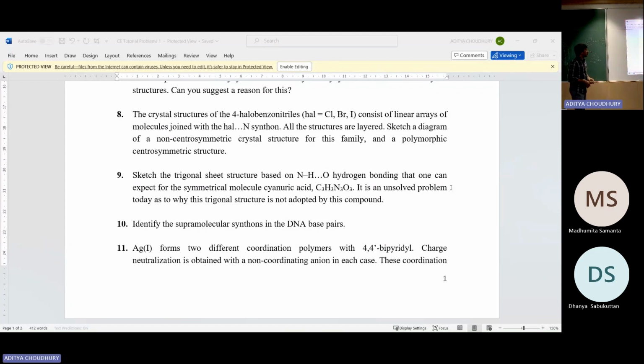If you have a molecule like 4-halobenzonitrile, try to draw them in such a way that they form non-centrosymmetric systems, especially a linear array of molecules. Can you draw that? Some kind of arrays where they are forming non-centrosymmetric structures.